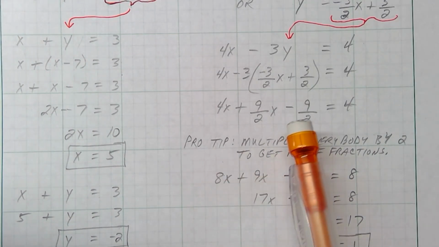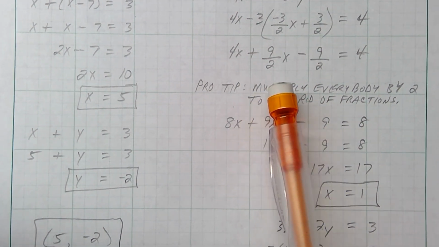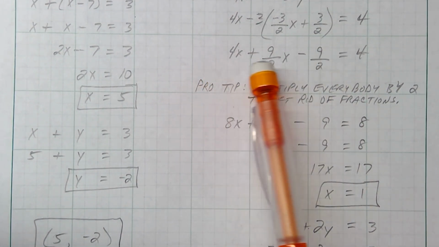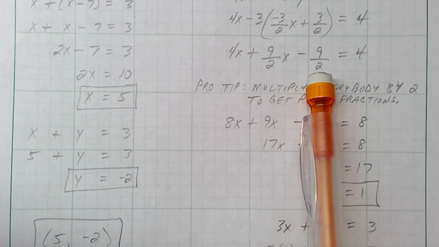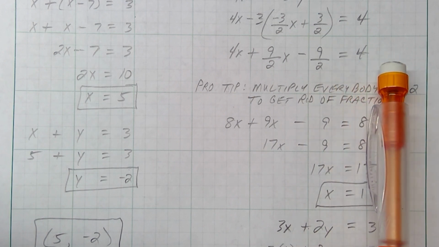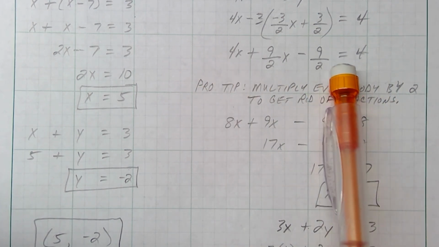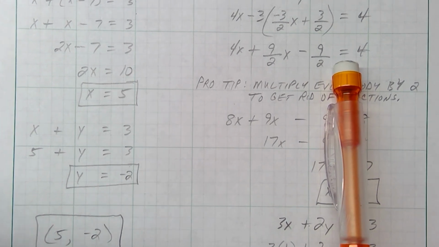Here's a pro tip. If you're sticking with the fractions like I did, you can get rid of fractions if you just multiply everybody by whatever the denominator is. In this case, it's 2. So if I make everybody twice as big, I'll have an equation that doesn't have any fractions in it.